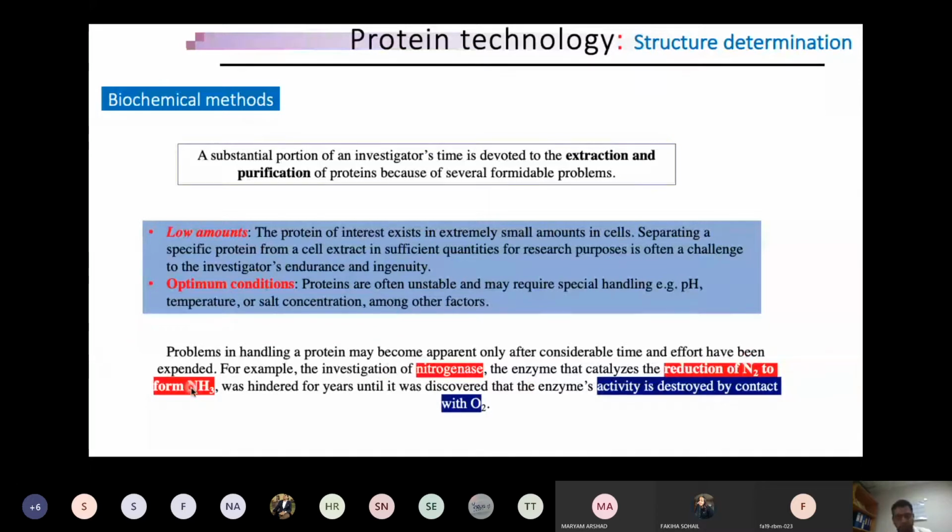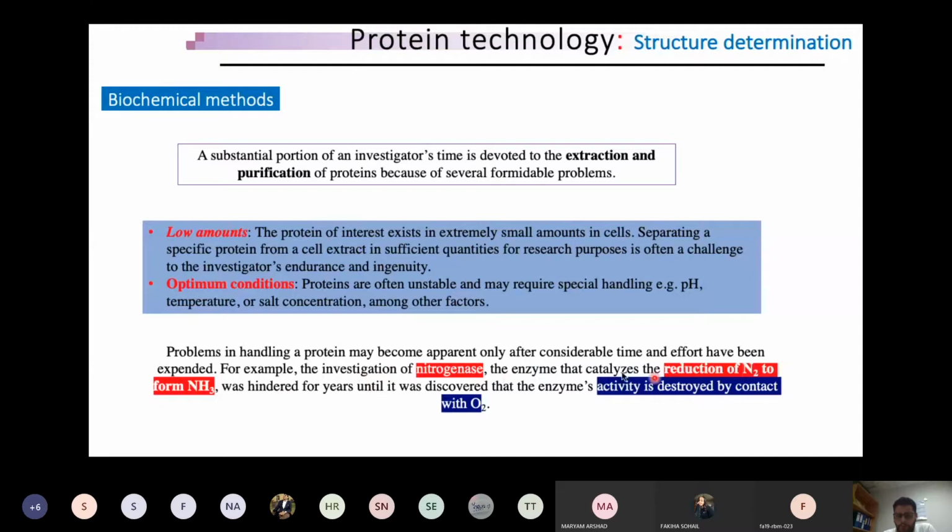So this is a very important enzyme. If you do not have this enzyme in the plants, in leguminous plants and in roots, you might not be able to fix this nitrogen and make it available for the plants to make proteins and other stuff.